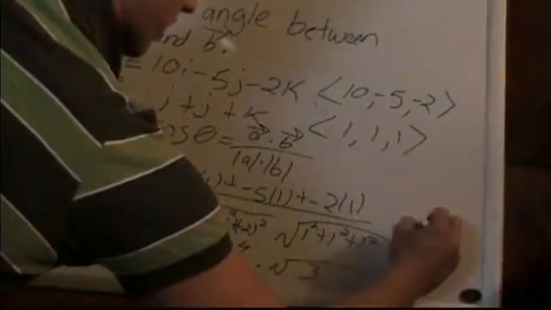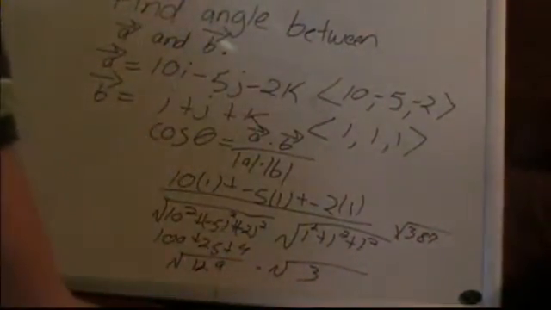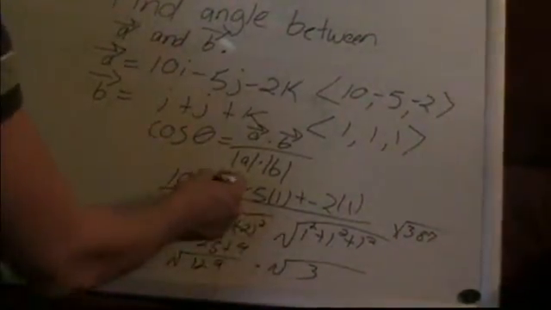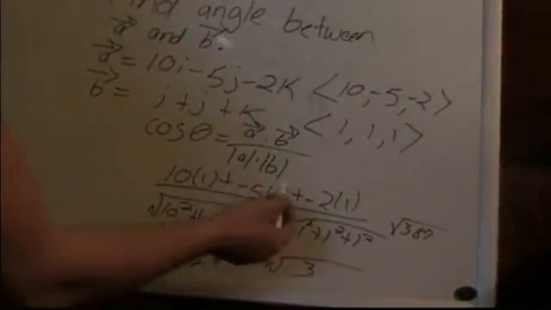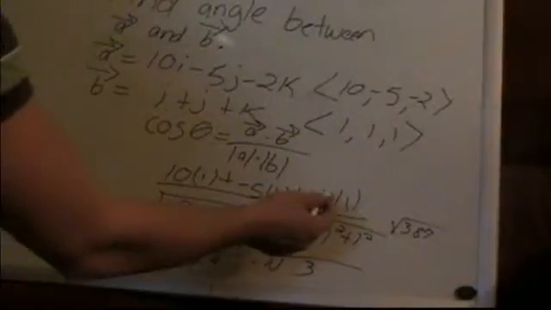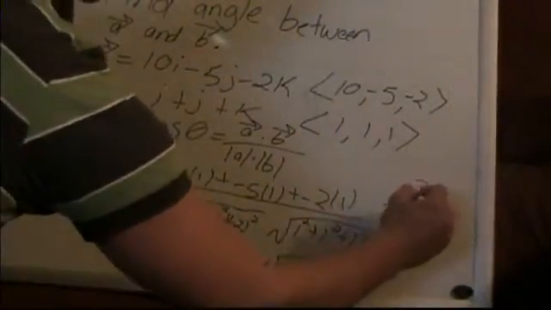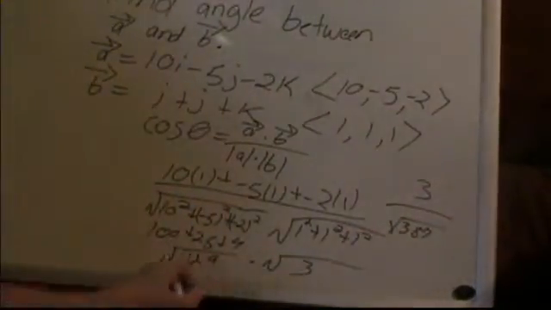And so we multiply that as 10 plus negative 5, which is going to give you 5, and then plus negative 2, so that would give you 3. So you have 3 over radical 387.